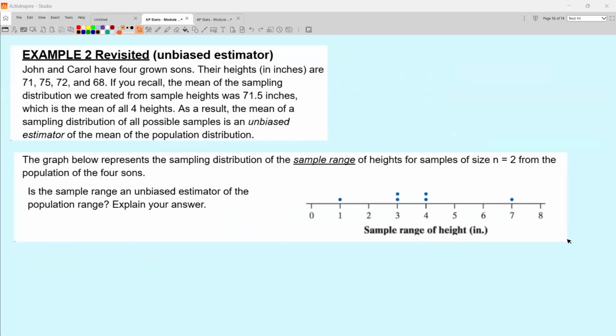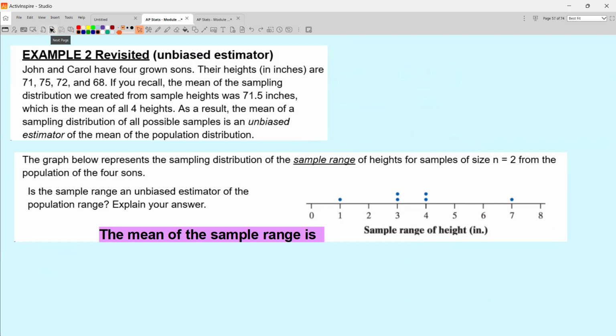Take a look at this one. The graph below represents the sampling distribution of the sample range of those heights, from samples of size n equals 2 from the population of the four sons. So remember, we have four different heights, and we can get all the different ranges based off of samples of size 2. So is the sample range an unbiased estimator of the population range? Well, let's take a look at the mean of the sample range.